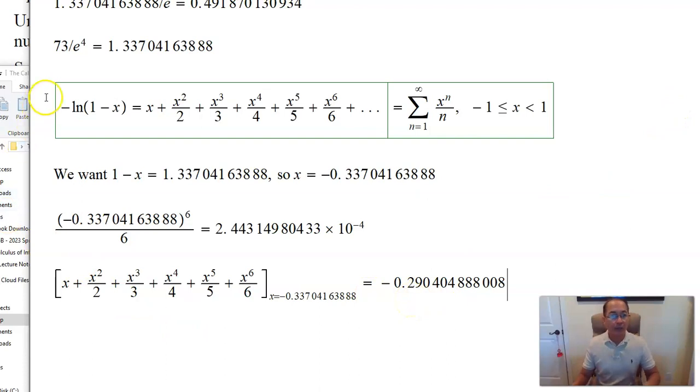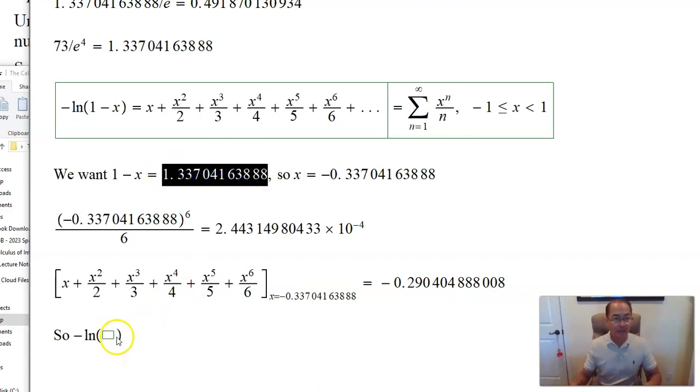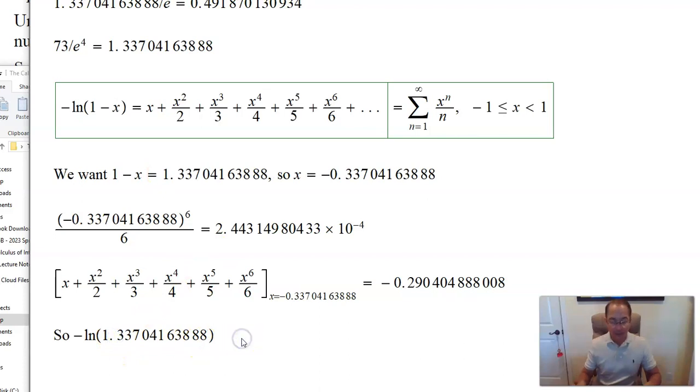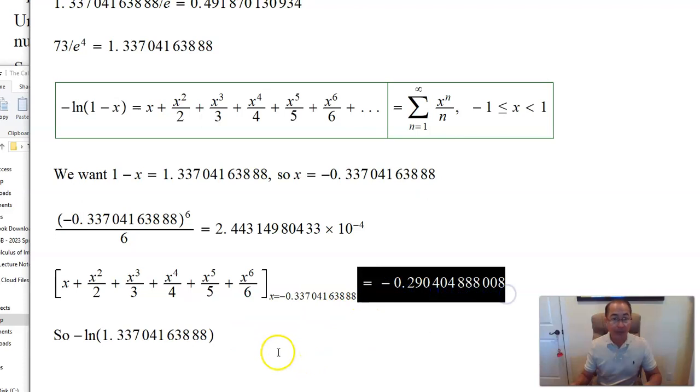Okay, so this gives us, so minus ln of 1 minus x, which is this 1.337, equals minus 0.29, and so on.